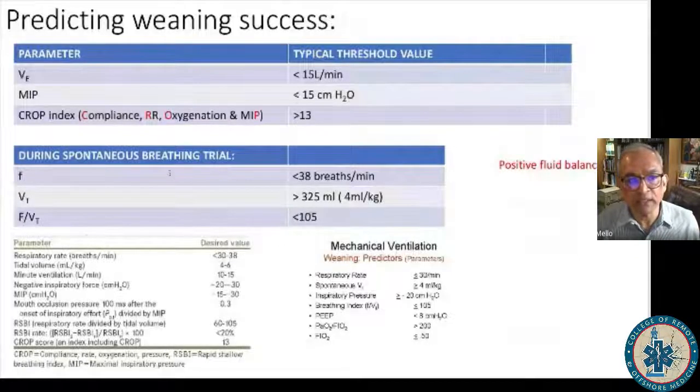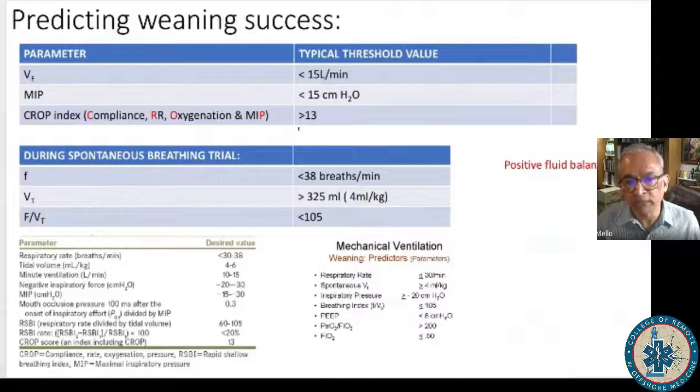Dr. Sanger did talk about predictions of weaning success using the spontaneous breathing trial, where the frequency is less than 38 breaths per minute, a tidal volume greater than 300, and a frequency to tidal volume ratio less than 105. I've given you other predictors of successful weaning, including the CROP index, for your information.